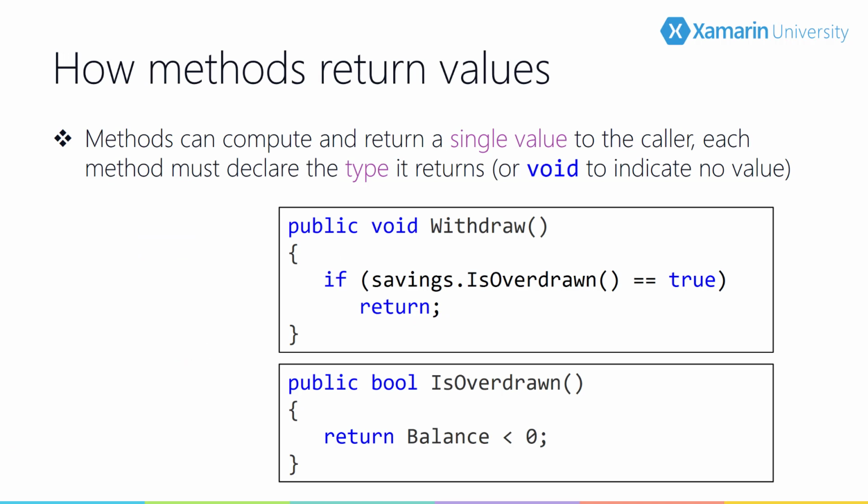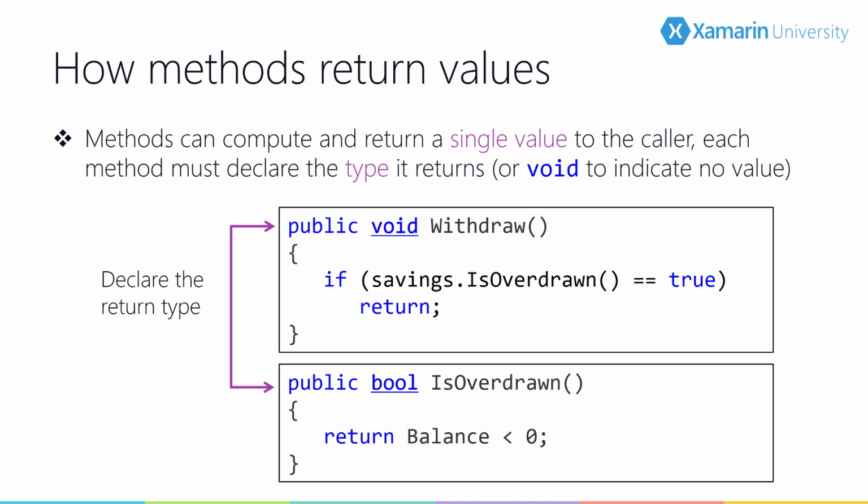Now, we also briefly talked about return values. Remember, the return type indicates if some type of information is going to be sent back to the caller when the method is completed. Remember, we looked at void. Void simply meant that the method returned nothing. But on the bottom method, notice how we put in a different data type. We put in bool.